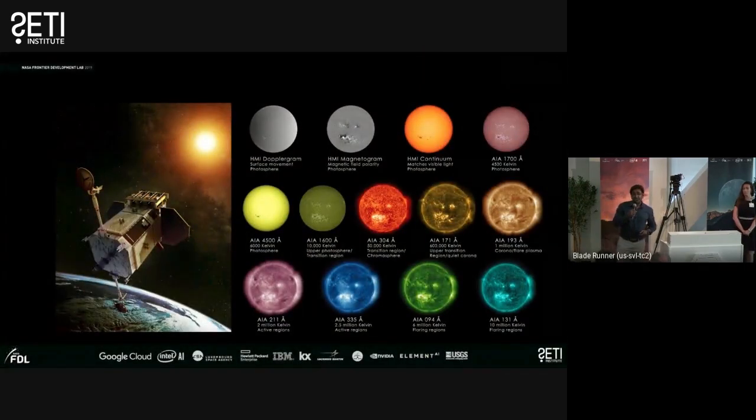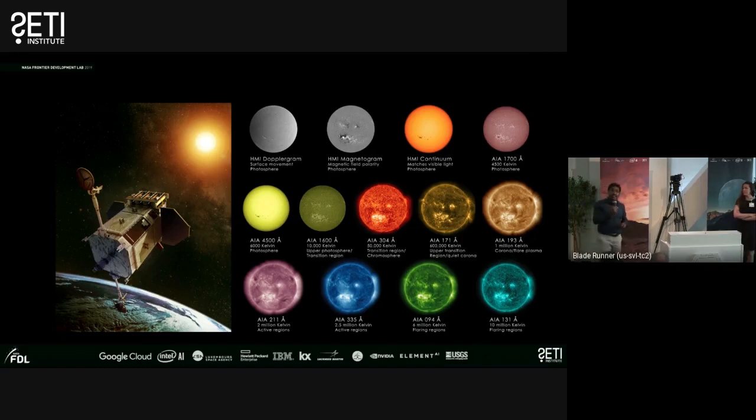One of the flagship missions of this fleet is the Solar Dynamics Observatory. So that's our team name. It was launched in 2010, and ever since, it has produced really high quality data in 9 ultraviolet channels that you see right over here with a 12-second cadence with a 4K by 4K pixel size.